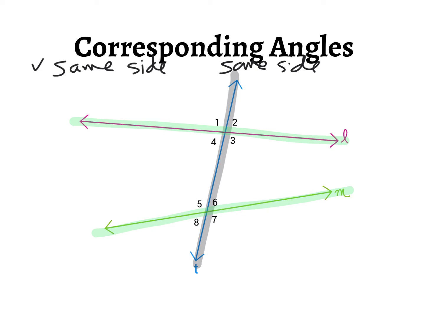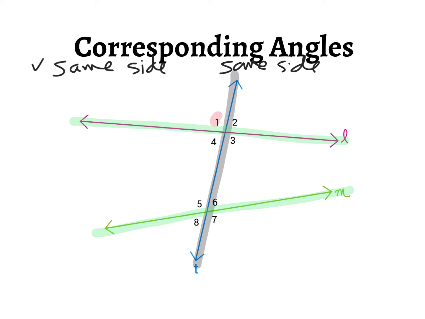Let's pick a side, the left side of the line. So we're looking at 1, 4, 5, and 8. Now we're going to choose another side. When you're looking at these two green lines, you're going to pick angles that are both above or both below. They have to be on the same side. If I look at line L and line M, I'm going to start with angles that are above.